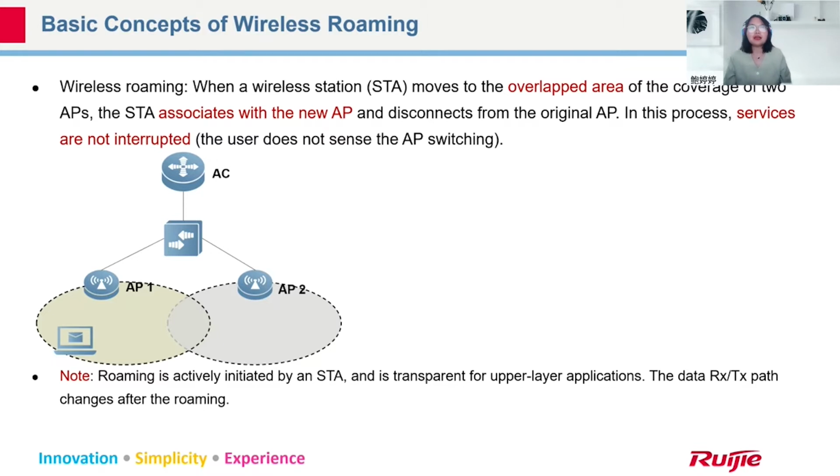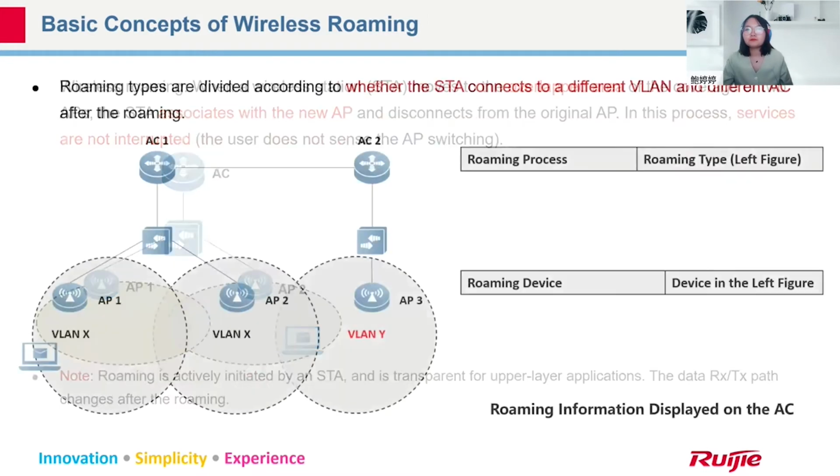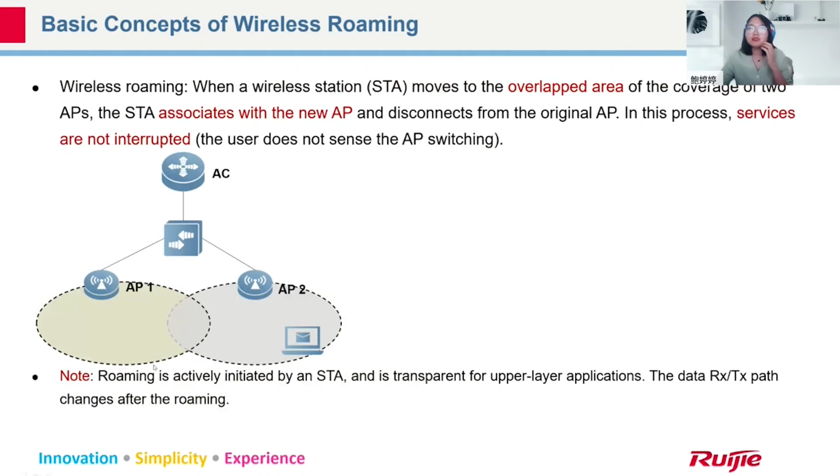Pay attention to this process. The user at the beginning connects with AP1, and later wants to connect with a new AP2. In this process, the roaming is actively initiated by the station and is transparent to upper-layer applications. What's the meaning?